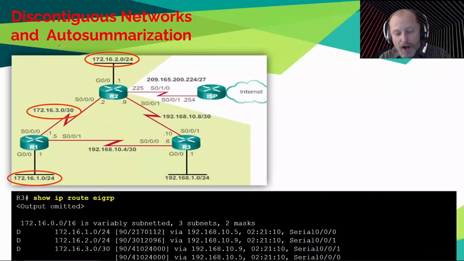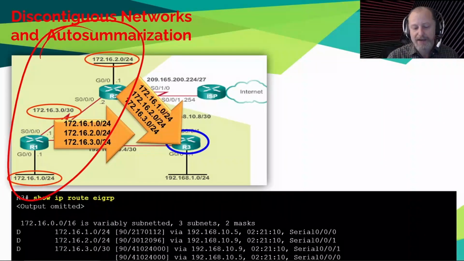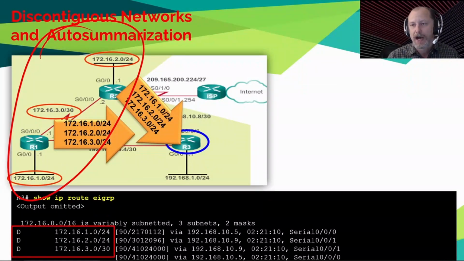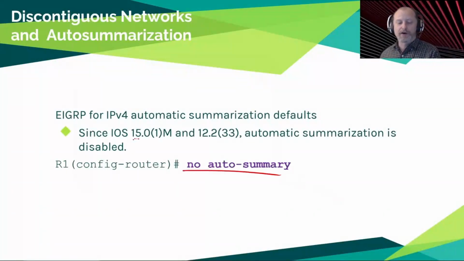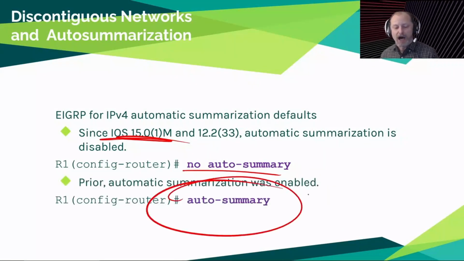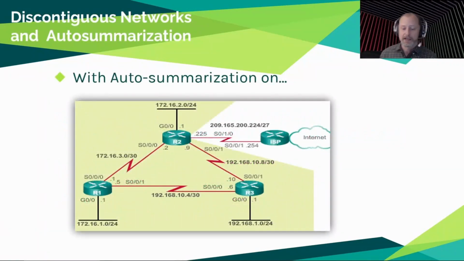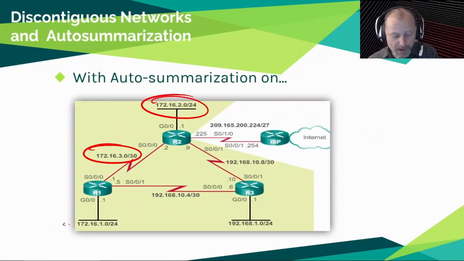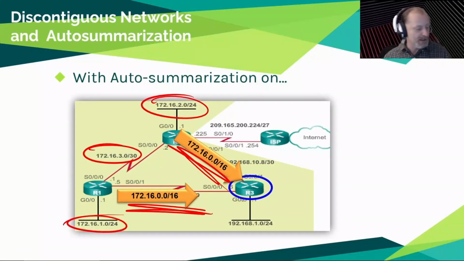Those three will get advertised like that, right? But only if we have the no auto-summary command, which is the default nowadays. If we have the auto-summary command turned on, then all of those networks would be advertised as the classful summary network.